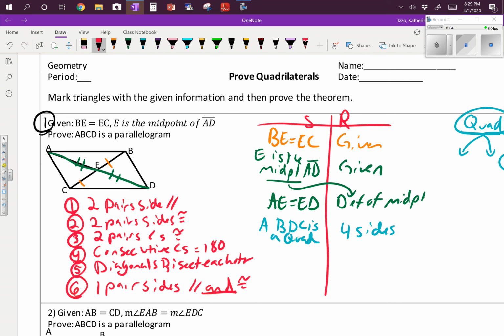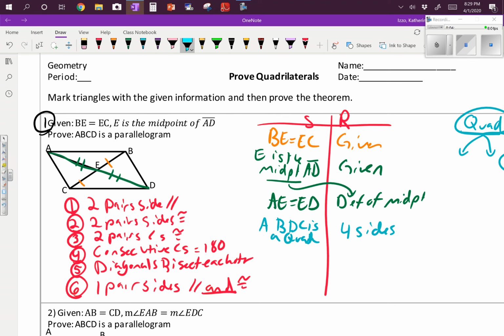Okay, now I could prove 2 pairs of sides parallel. I could prove that the pink triangle and the blue triangle are congruent and get AB and CD. And then I could prove that the side triangles are congruent and prove AC is parallel to BD. I could do the same thing with congruent.